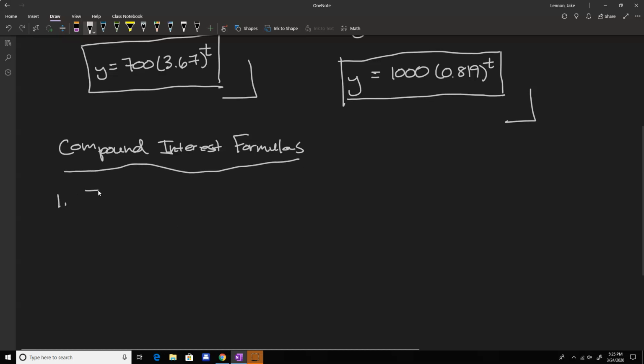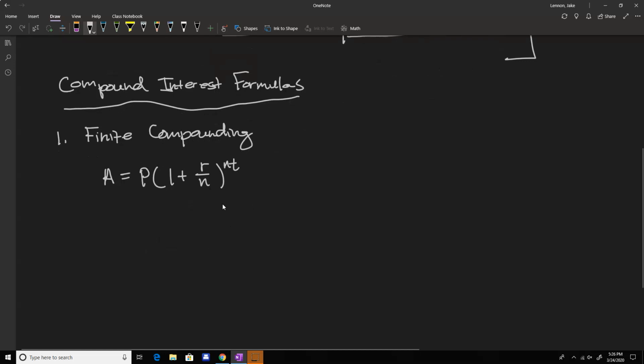There's the finite compounding version of the formula, which says the future value of an account A is equal to the principal invested times the quantity 1 plus r over n raised to the nt power.